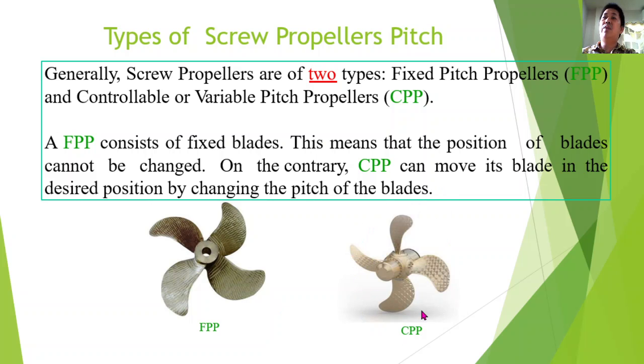So pitch is the distance traveled by the ship in one revolution of the propeller. So you can control the pitch in the CPP, controllable pitch propeller, but you cannot control the fixed pitch propeller. It is fixed pitch. So that is FPP and CPP.